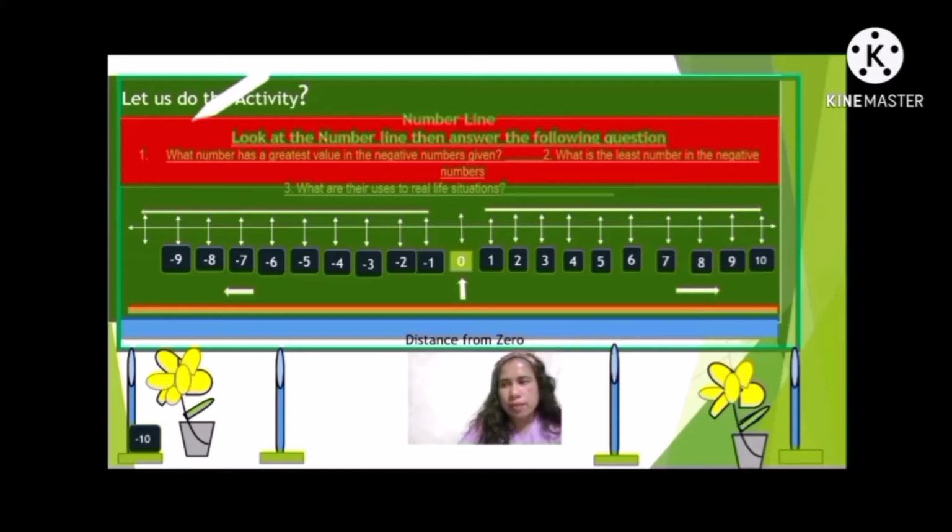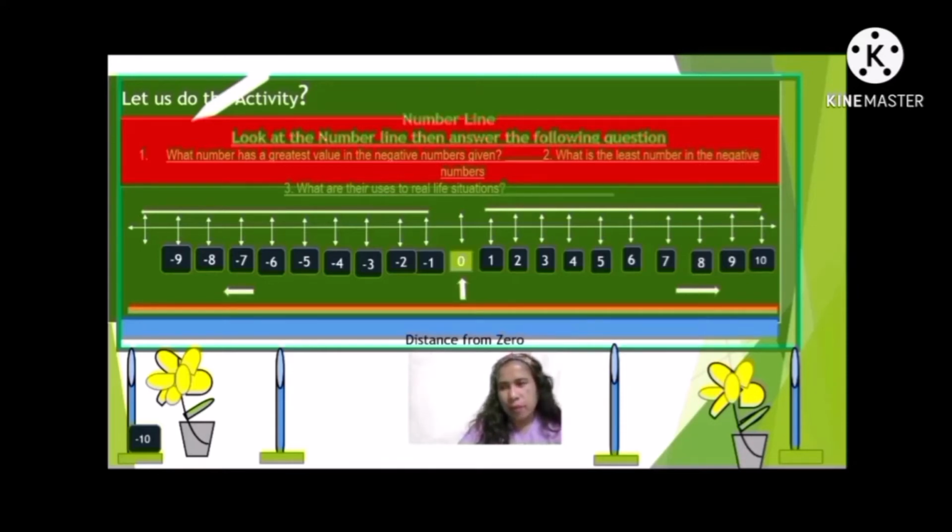Another usage is to help in calculating the least to greatest. Through negative and positive, we can determine which is the lesser in value or the greater in value.